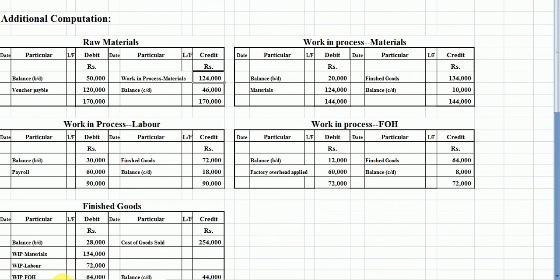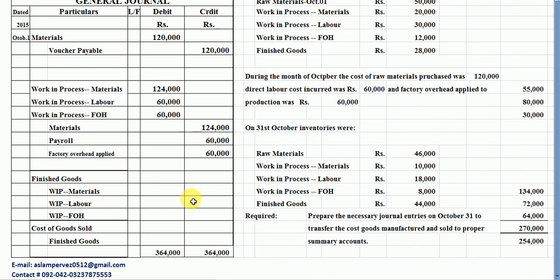Now we charge all the costs here, ₹1,34,000 as a material, ₹72,000 as working process labor, and ₹64,000 as working process factory overhead against the 2,54,000 rupees here. Students, this is the cost of goods manufactured. This is the cost of goods manufactured.